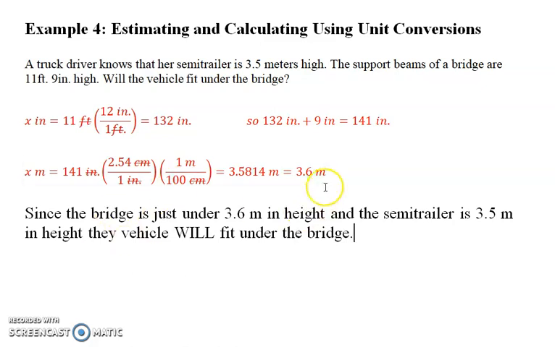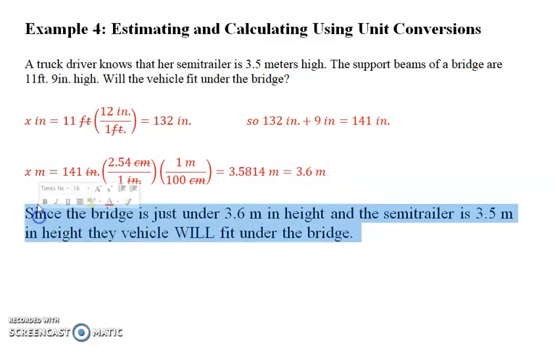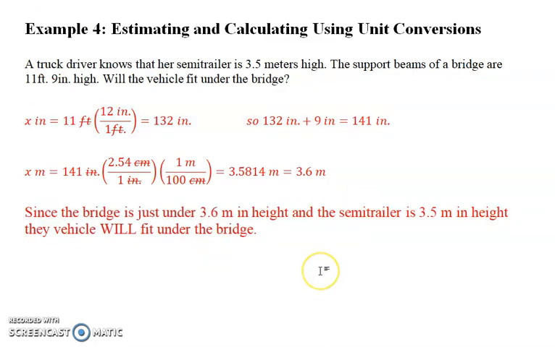And obviously, if the bridge was smaller, then it wouldn't. So it's not by much, but there is enough for the truck driver with the semi-trailer to fit under the bridge. Okay, so there's the 3.5. We needed at least 3.5. We got 3.58. So it's actually a difference of 8 centimeters, which is not much, but it's enough.